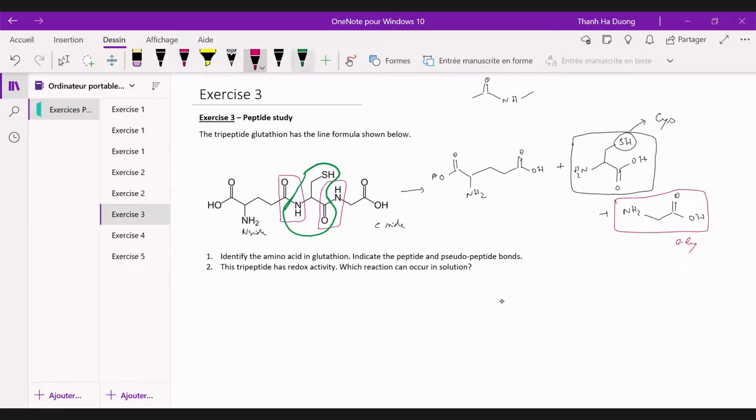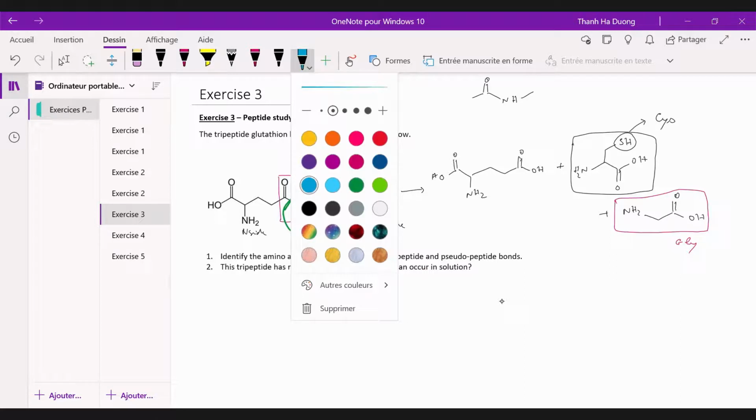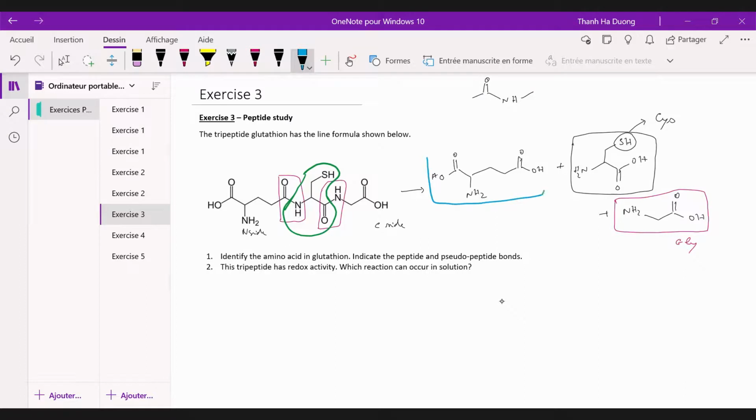And the last one, in blue. You have the carboxylate group here, the amino group here, and the side chain. This is the side chain with the carboxylate group. You have 2 amino acids with a side chain containing a carboxylate group: glutamate or aspartate.